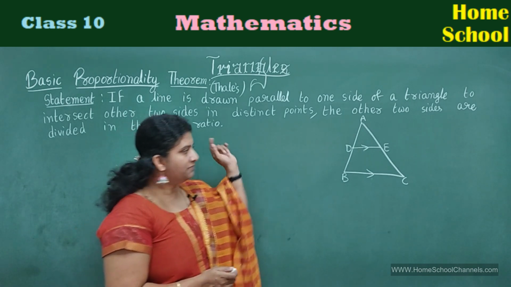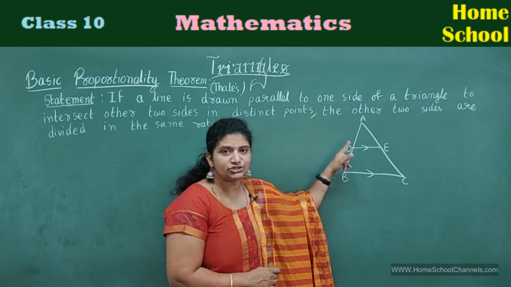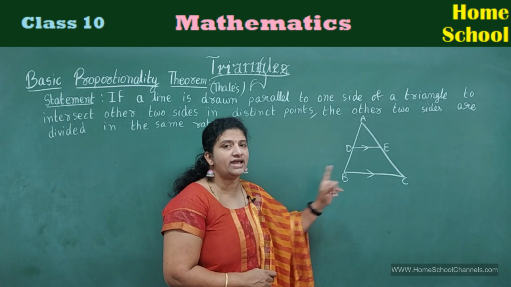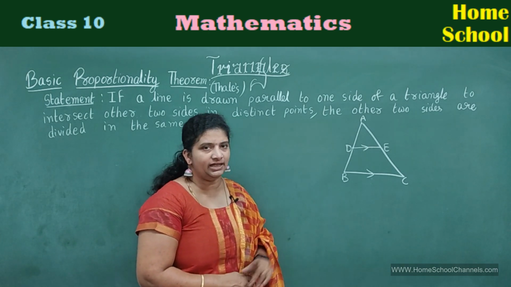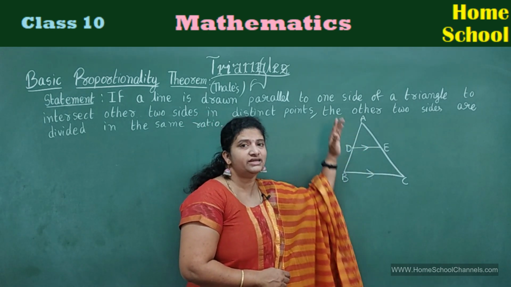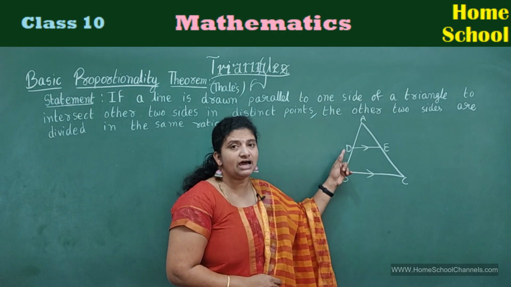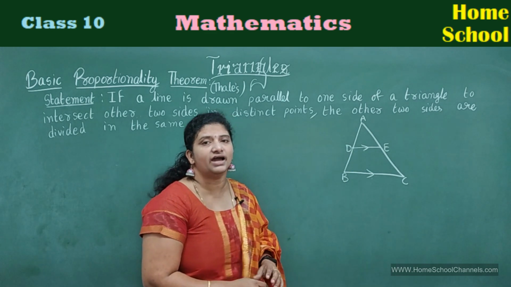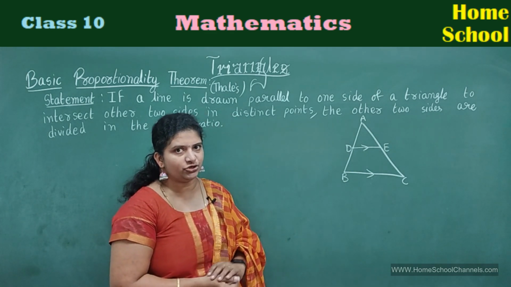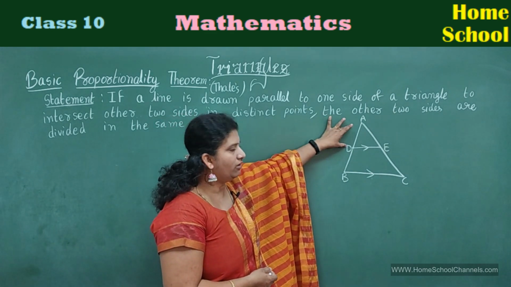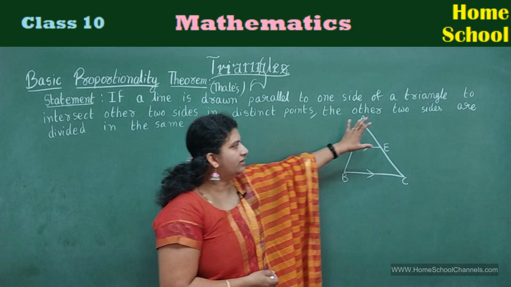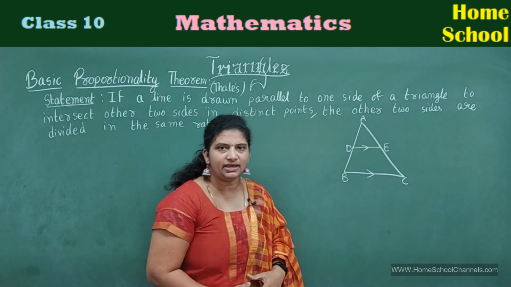So once again, if a line is drawn parallel to one side of a triangle intersecting other 2 sides in distinct points, the other 2 sides are divided in the same ratio. Ratio, what is the ratio? AD by DB is equal to AE by EC.